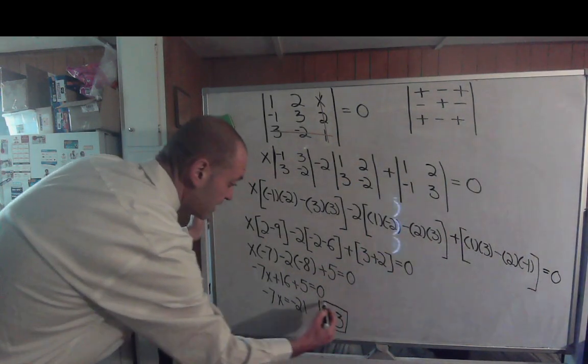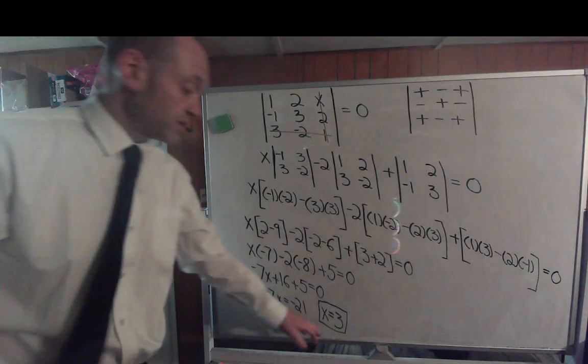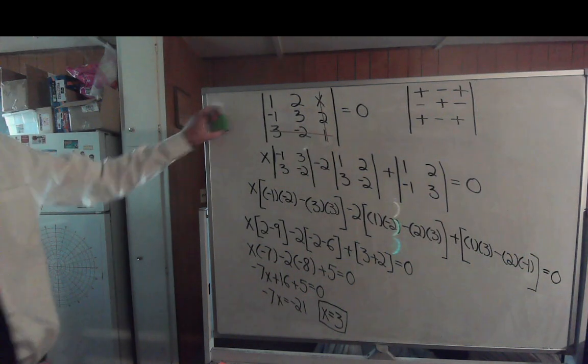So we did all that work to get an x value of 3. But that's how the cookie crumbles. You'll get x equals 3.